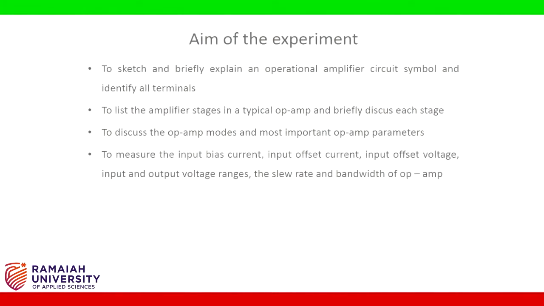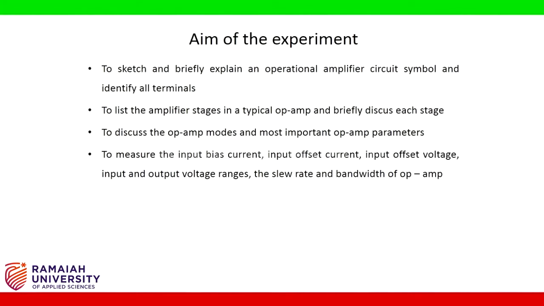The aim of the experiment is to sketch and briefly explain an operational amplifier circuit symbol and identify all terminals, to list the amplifier stages in a typical op-amp and briefly discuss each stage, to discuss the op-amp modes and most important op-amp parameters, to measure the input bias current, input offset current, input offset voltage, input and output voltage ranges, the slew rate and bandwidth of op-amp.